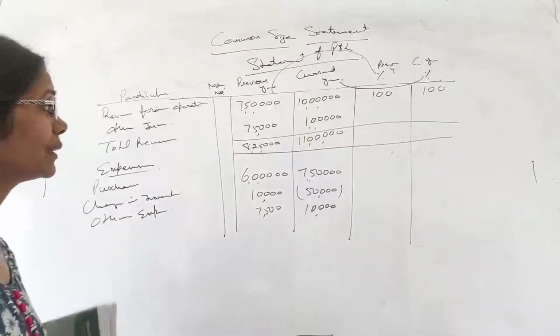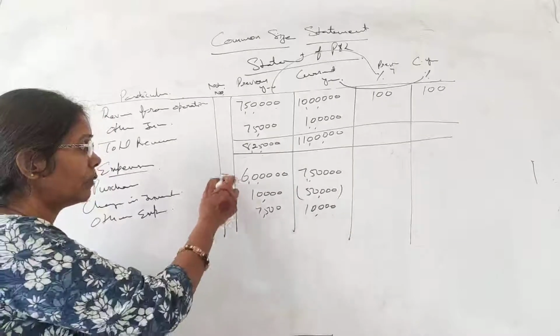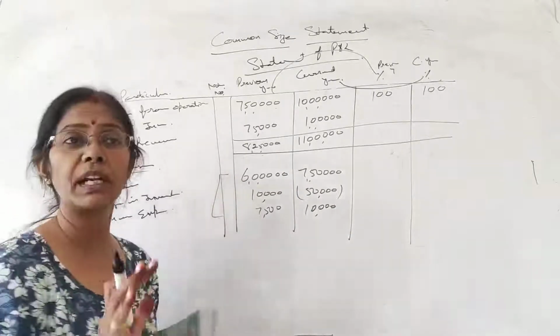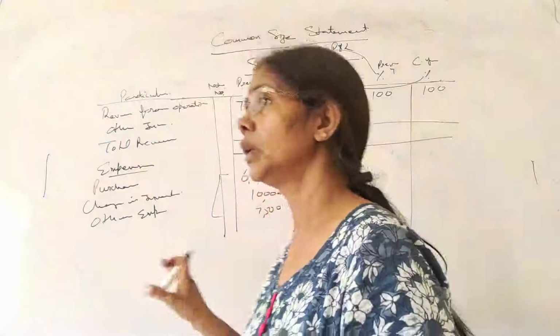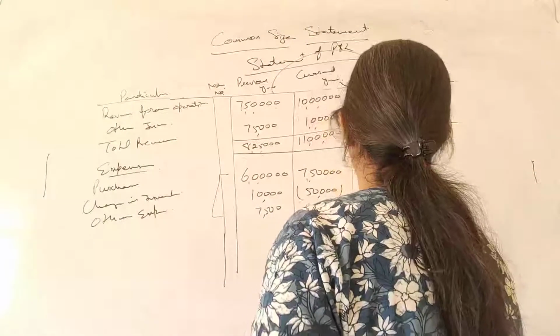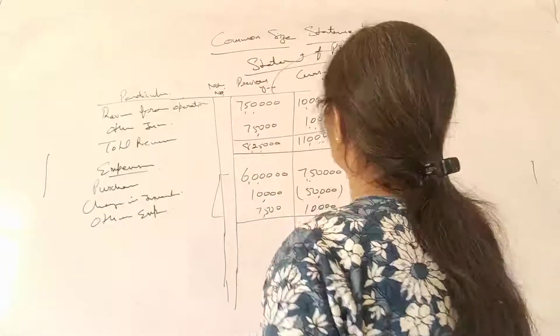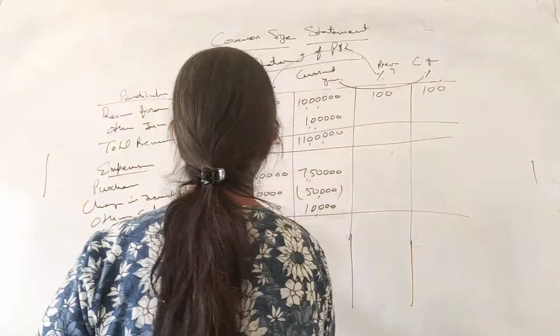Now here you can see, students, that was the reason I told you to draw a line. Here you can see that we have more than one item. So what we have to do? We have to do the total first, total expenses. So what comes?